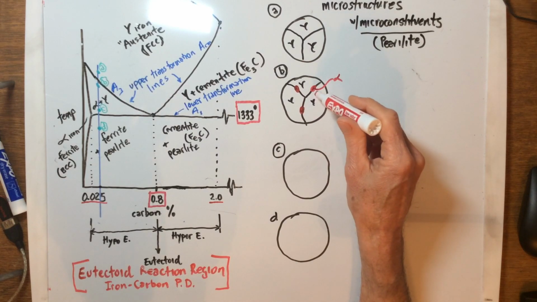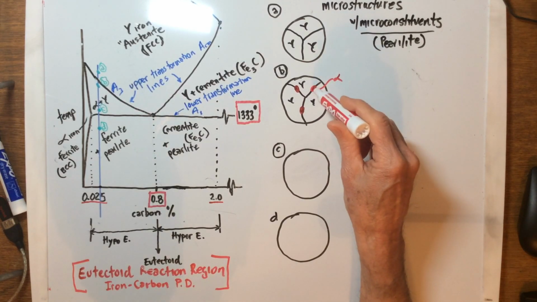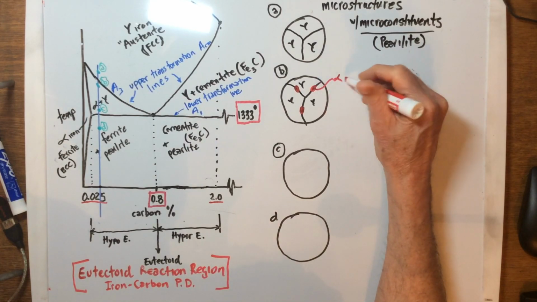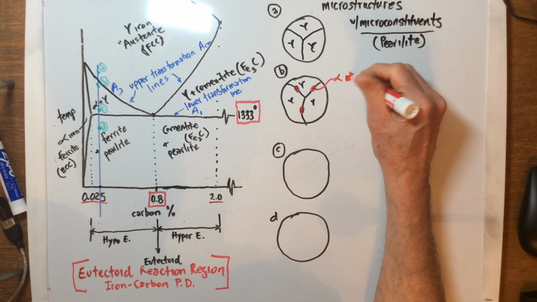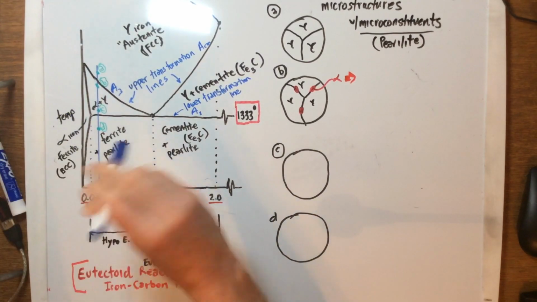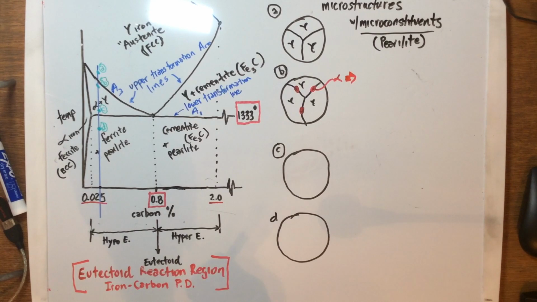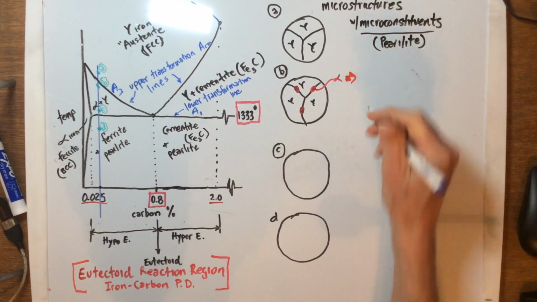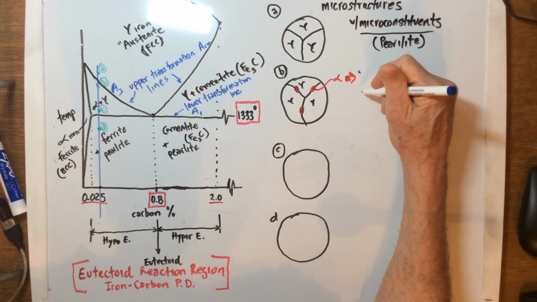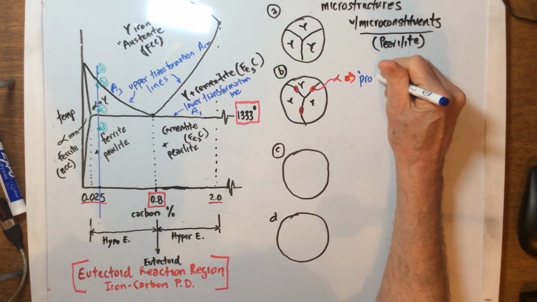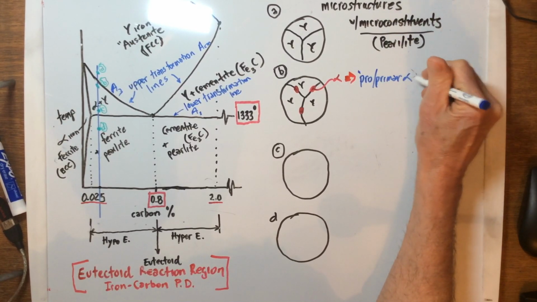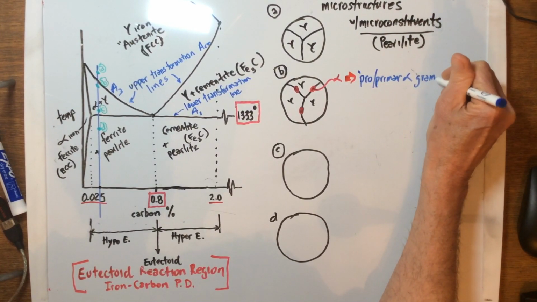Now, all of these, and this is going to have a special name, by the way. These alpha grains, because they are formed above that lower transformation line, we're going to call them pro or primary alpha grains.